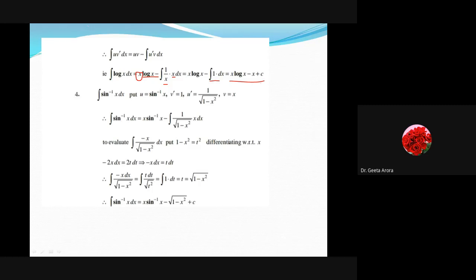So it's a big proof, and the whole solution is provided to you. Be sure to practice it. Here you can see we have also substituted: we have taken 1 minus x square is equal to t square for a substitution, and we started by taking sine inverse x is equal to u. So we are looking at it as integration by parts also.